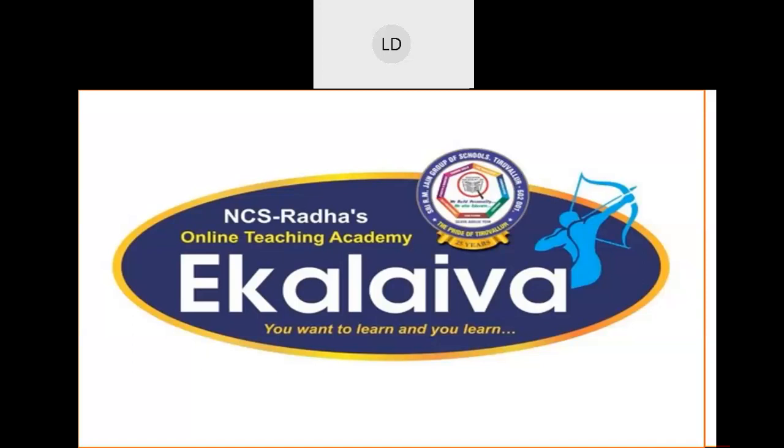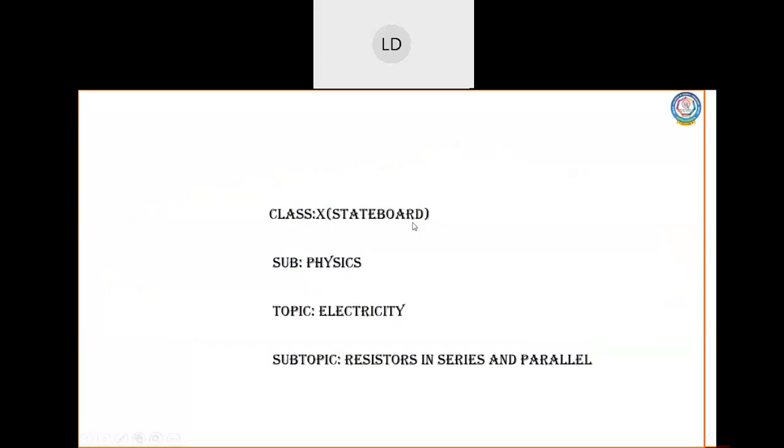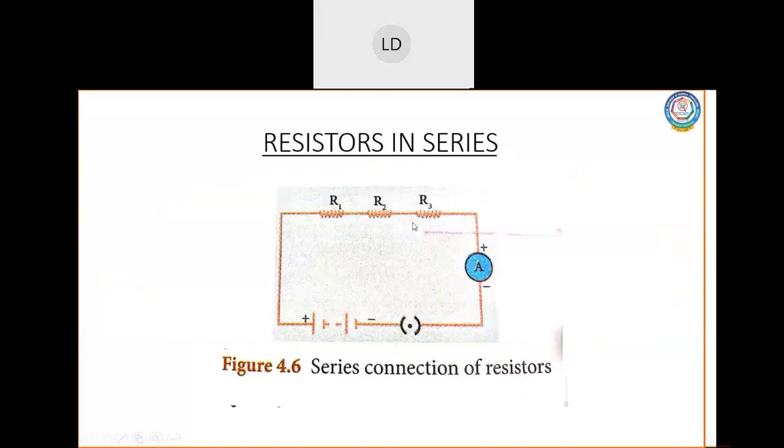Today we are going to continue with 10th Science, Electricity, and the topic we are going to learn today is System of Resistors. Last class we were discussing the resistance of a conductor and how it affects the current through a circuit.